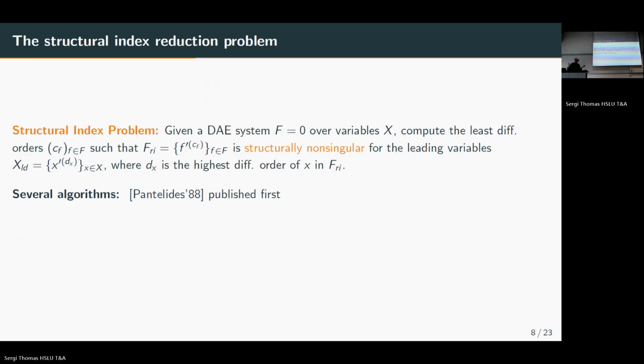So the first algorithm published in the literature to solve this problem is the Pantelides algorithm that many of you know.